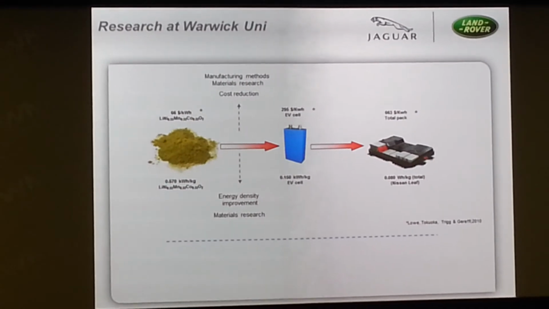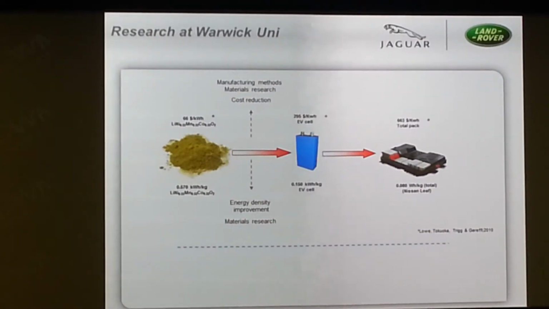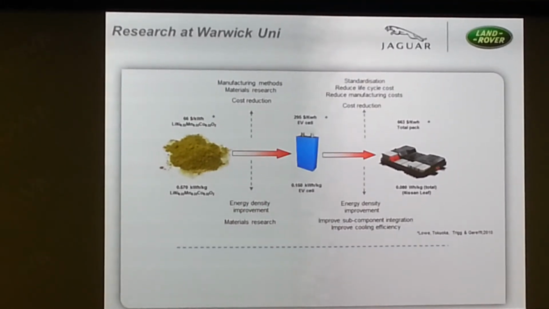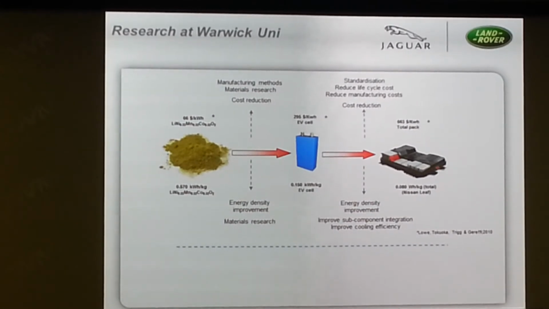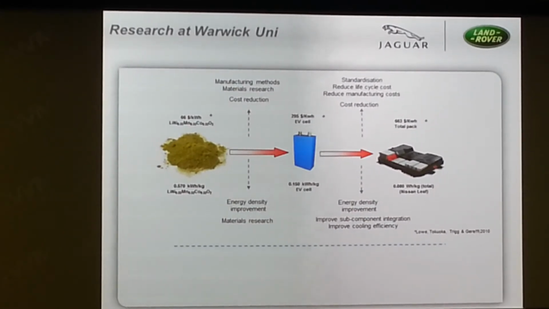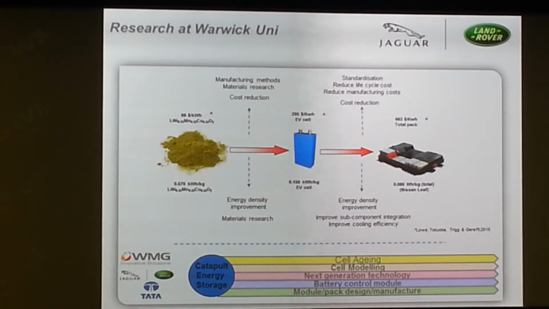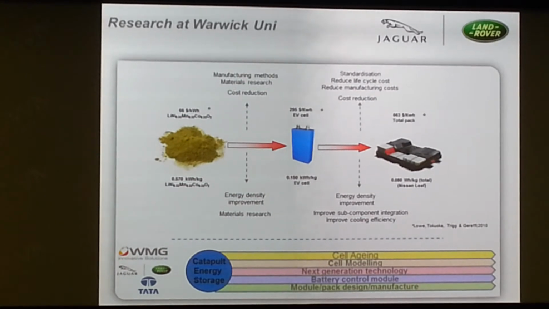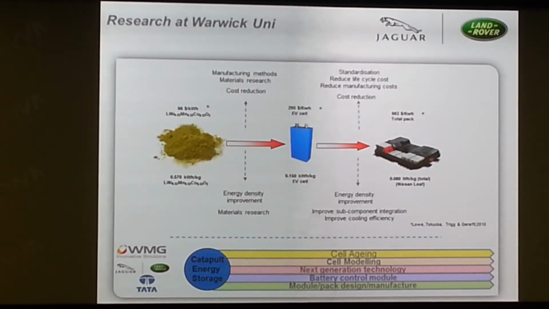So specifically the research that we're doing at Warwick Uni is taking this whole system approach, and it's trying to understand what can go wrong at a materials level, and also how we can get costs down and how we can improve the energy density within the battery system itself, the packaging around the battery. These are the research streams that are going on at the moment within Warwick.